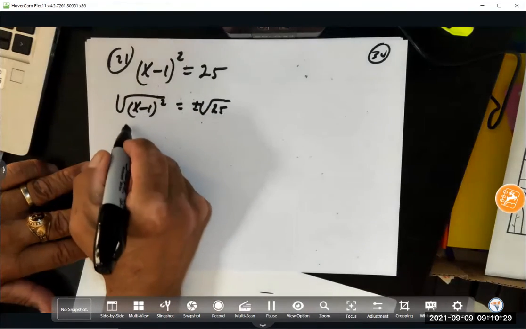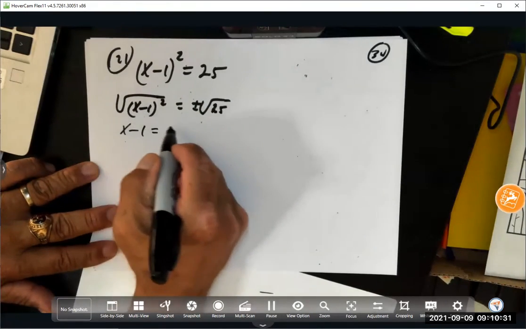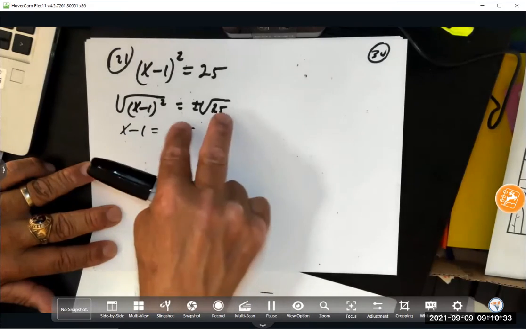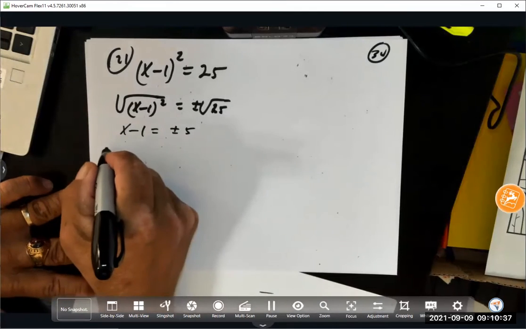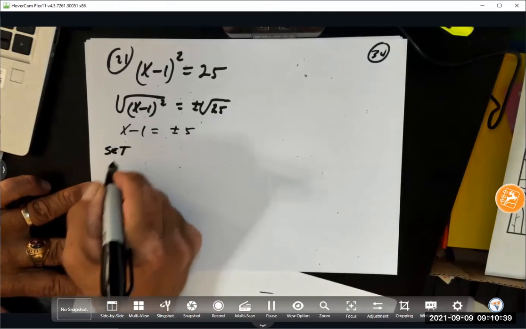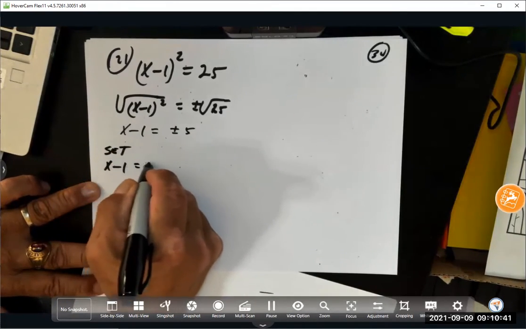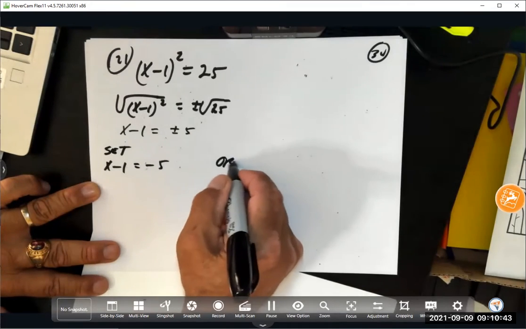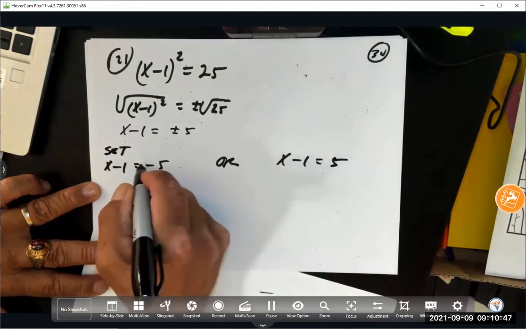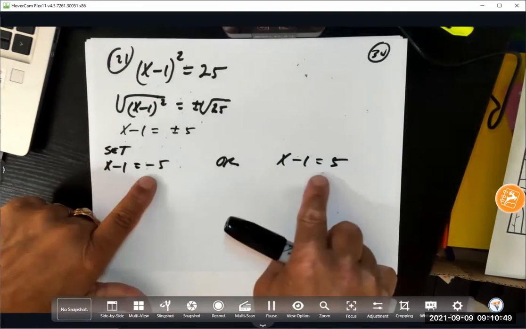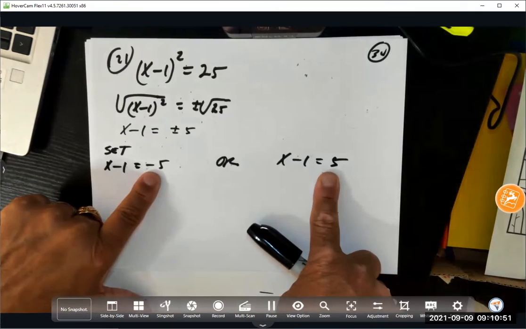So x minus 1 equals plus or minus 5. So two things can happen when I set this problem up. x minus 1 is -5, or x minus 1 equals positive 5. You see what I'm doing right there? It's either -5 or positive 5 right here.